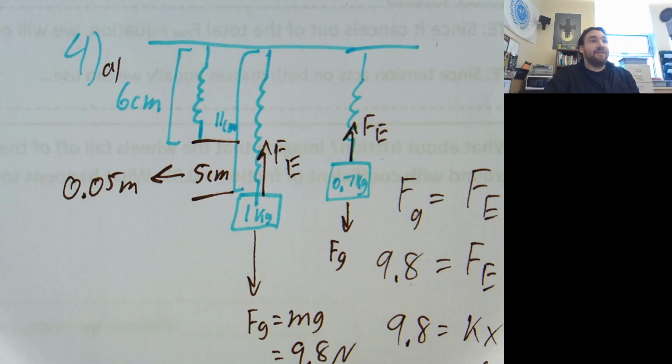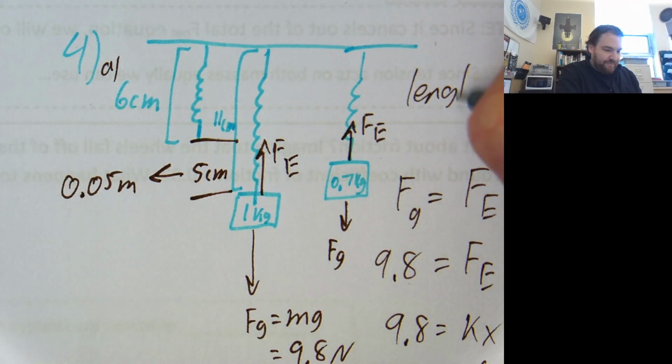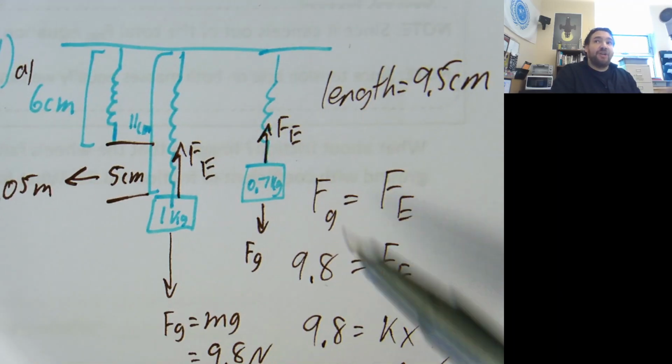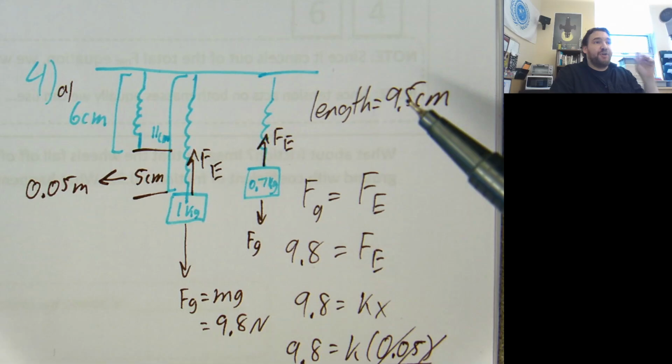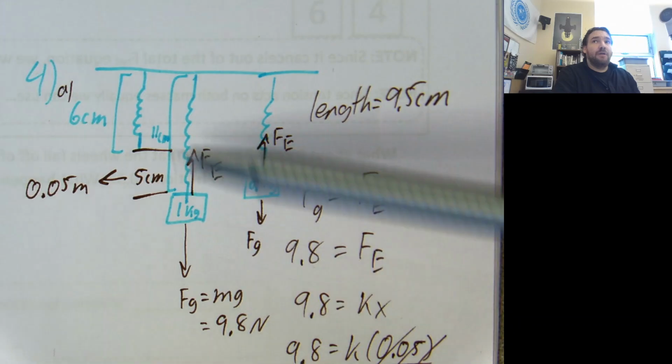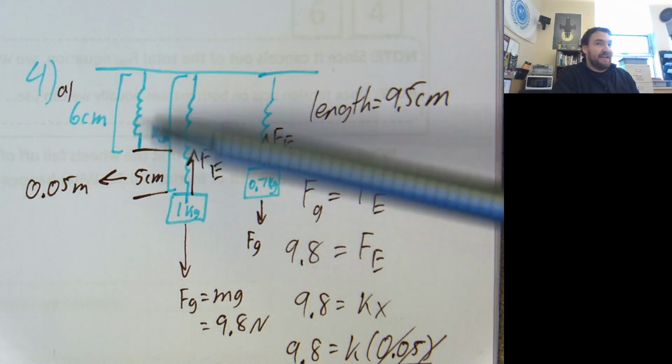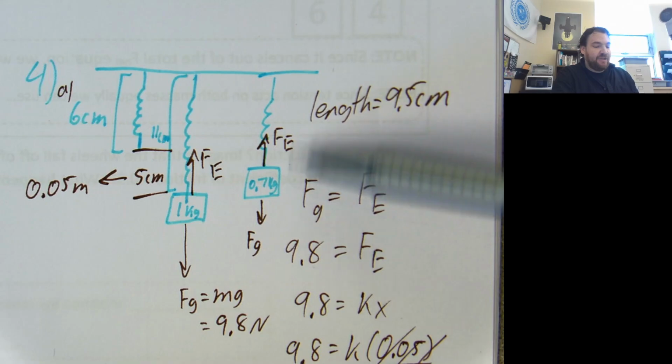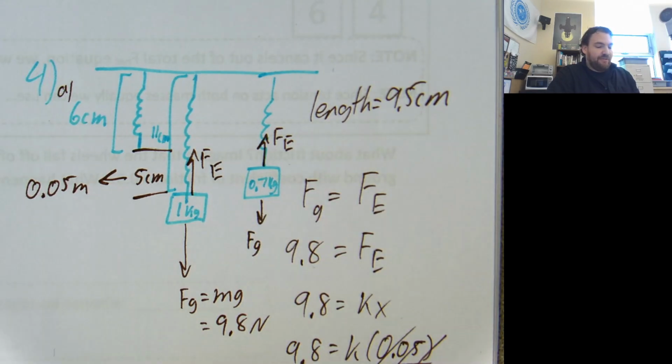It is 9.5. The length equals 9.5 centimeters. We found the extension, but the question asks for the total length. So if you add the extension to the rest length, you'll get the new length at 0.7 kilograms.